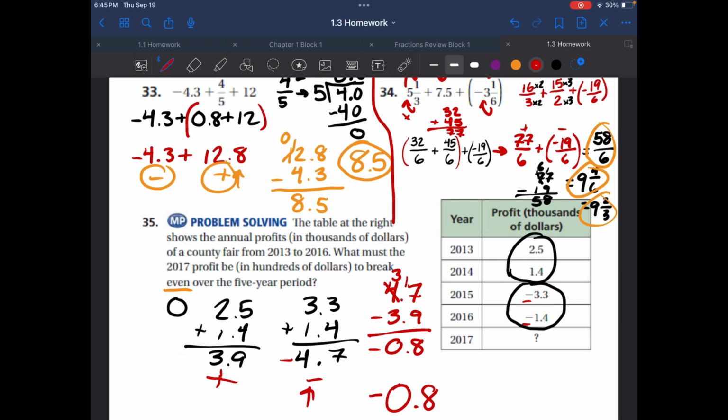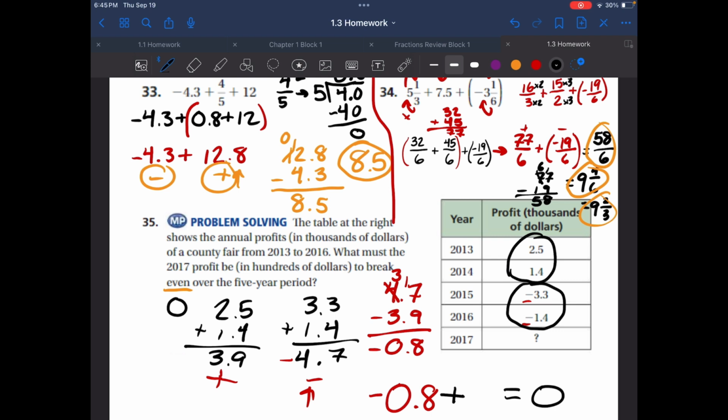When it's asking, what do I need to break even over the 5-year period? Essentially what I'm going to think to myself is, in 2017, I need to add something so that when I add it, I'm going to equal 0, right? That would be me breaking even. Well, we have two numbers that when added together equals 0.